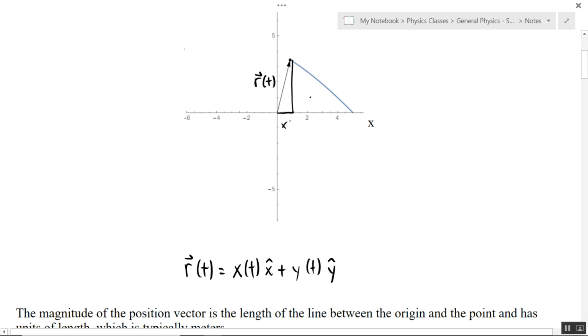This is the x coordinate of the person at this moment of time, and this is the y coordinate of the person at that moment of time. So the r vector would be x(t), the x coordinate at that moment in time, in the x direction, plus the y coordinate of the person in the y direction at that particular time. Does this make sense so far? It's just another vector that is being used to describe how a person moves.